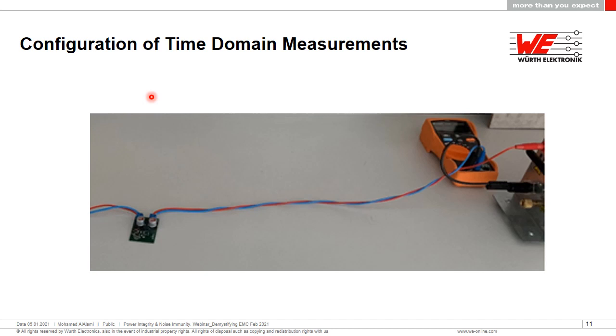This oscilloscope is also capable of giving you really good frequency domain FFT plots for these signals, which we will see in a little bit. We will also show the option of looking at some of the EMI test results using an EMI receiver later on today.